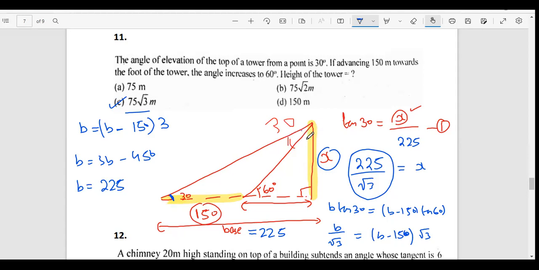Okay. Yes. This side would be 120. This side would be 120. Now we can use sine rule to find the hypotenuse side? Right. Okay, yes, you can do it that way as well. Both methods are correct.